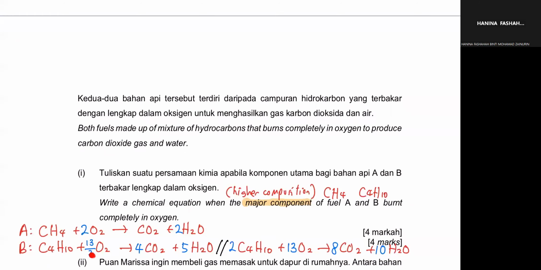For B, you get 13 over 2 because 4 times 2 is 8, 8 plus 5 is 13, so 13 over 2. Or you can write without fraction, you multiply everything by 2. This one is accepted. Either this or times 2, both accepted.